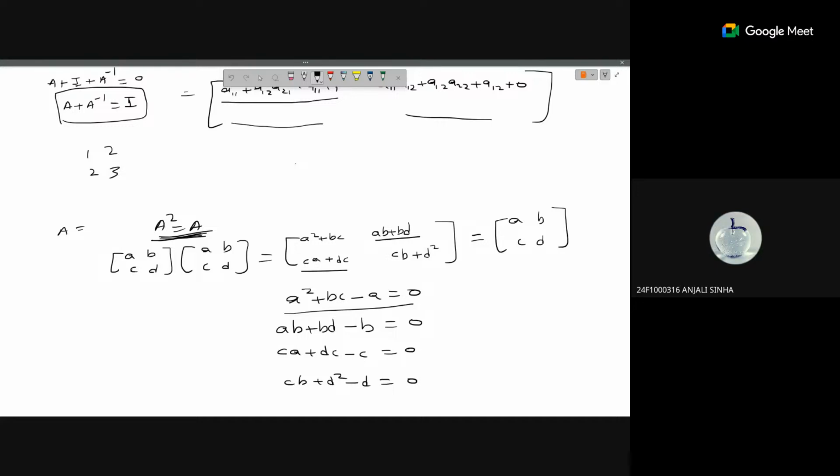Sir, if I do not get LHS equal to RHS, then this matrix is not an idempotent matrix. Yes, I mean, if we are not finding any A, B, C, D which satisfy these conditions, that means there is no such matrix. So clearly, there is no violation here.